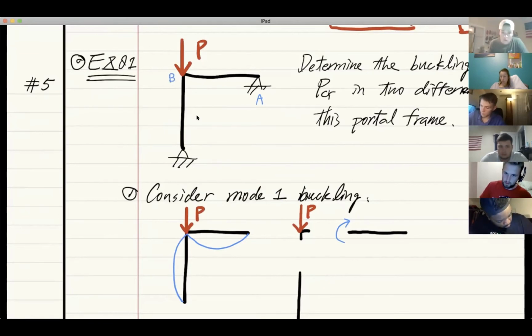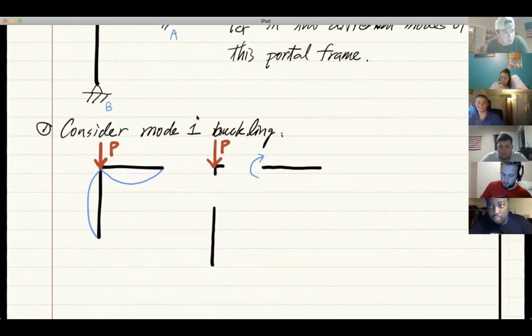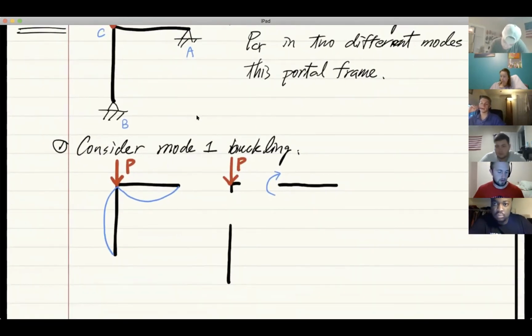Or we could just call it A, B, C. Call this one B, and call this one C, like this. So at point A, the reaction must go vertically like this. Would you agree? That must be the shear force. Otherwise, the moment will not be balanced. Correct? So let's call this force, capital V, as a shear force.